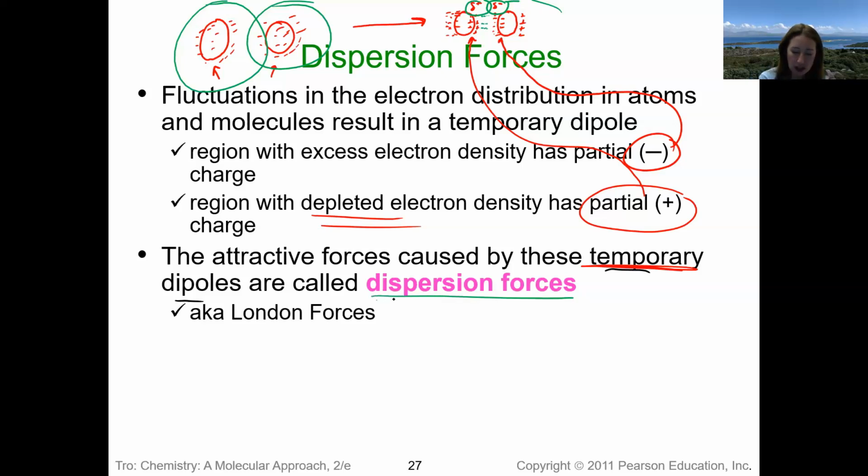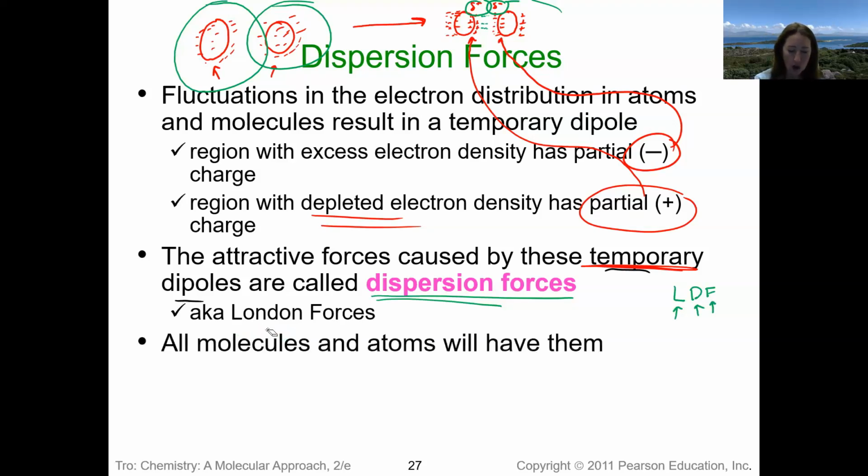This is what we call a dispersion force. It's also called London forces. It's also called London dispersion forces. Often we'll call them LDFs for short. They've got a couple different names. So who has these London dispersion forces? Everybody's got them. Why does everyone have them?